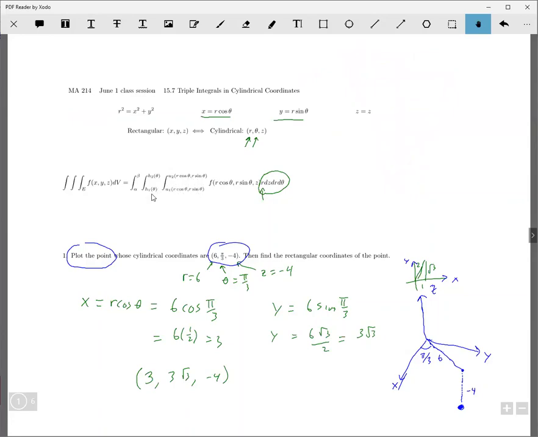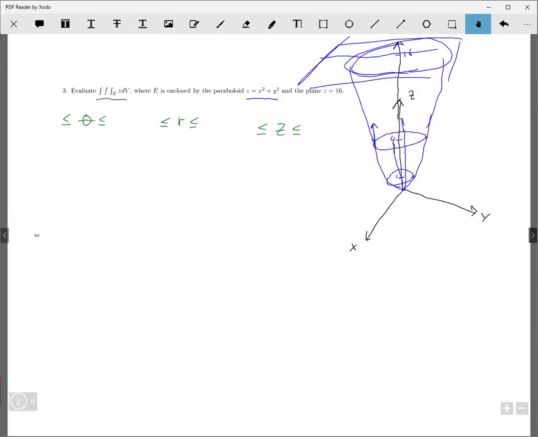And then R, you want to get that bounded by functions involving just theta, or in this case, it's just going to be constants. But even if it's a constant function, it's still a function of theta in some default kind of way.